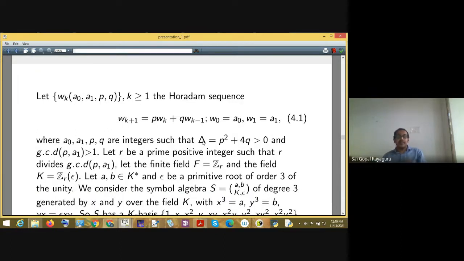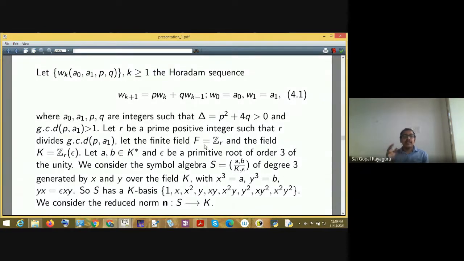Next, the second motto is to find the zero divisors. Zero divisors exist under the following condition. Let w_k be the Horadam sequence with the usual parameters a0, a1, p and q, the same Horadam sequence I denoted as equation 4.1.